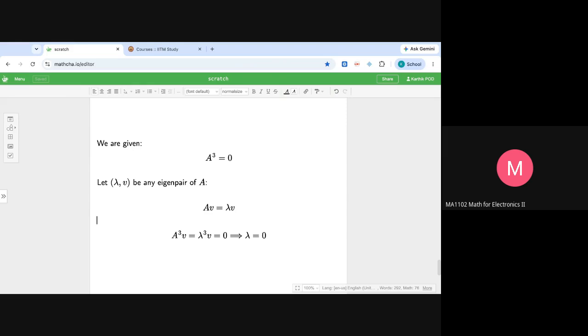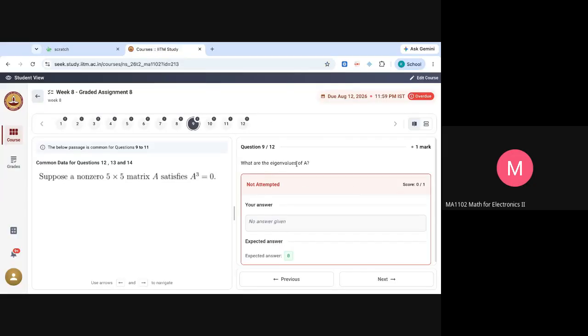But A cube itself is 0. So for answering this question, I think we have enough, right? In fact, all eigenvalues are 0. That's why they asked what the eigenvalues are. They should have asked what is the only eigenvalue of A, because the framing itself is slightly confusing.